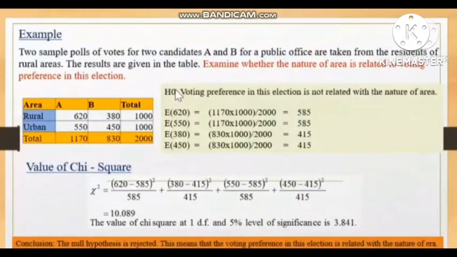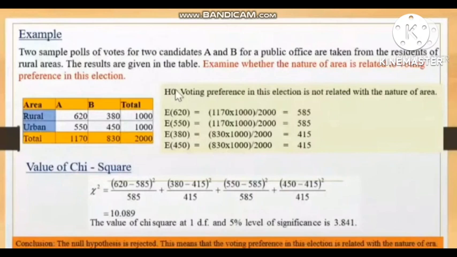Two sample polls of votes for two candidates A and B for a public office are taken from the residents of rural and urban areas. The results are given in the table. Examine whether the nature of area is related to voting preference in this election.